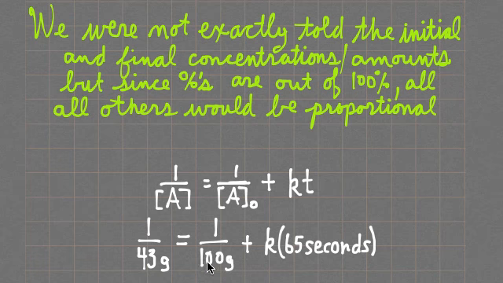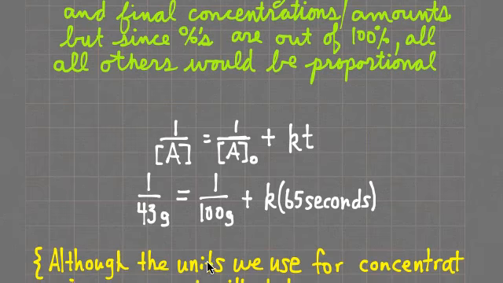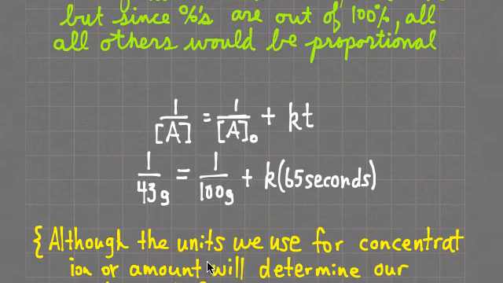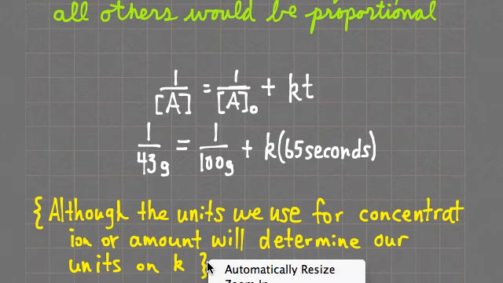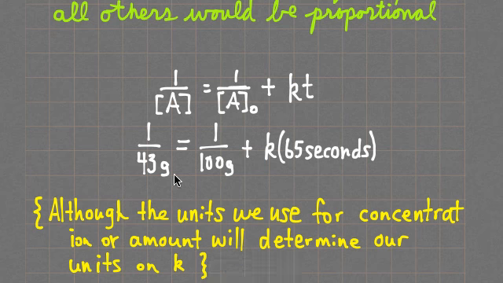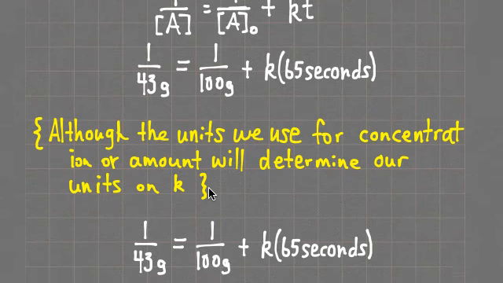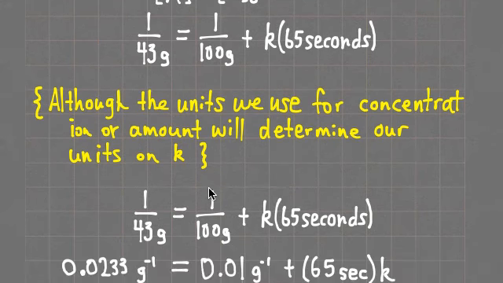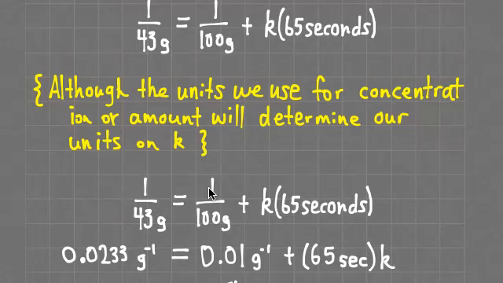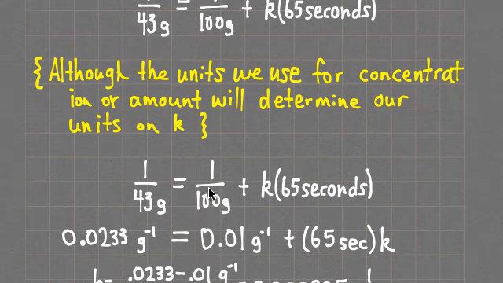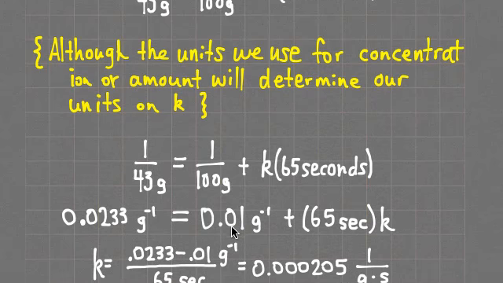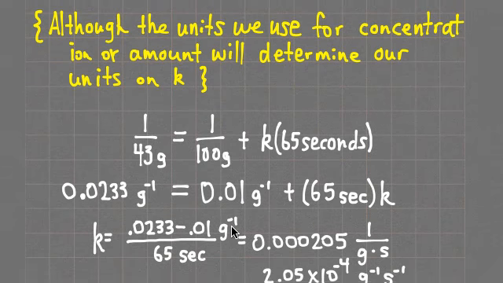You could use other descriptions of that concentration, and that constant would change a little bit according to what you chose to use for your concentrations or amounts. But in any case, going with the grams, keeping careful track of my units, reciprocal of 1 over 43, reciprocal of 1 over 100, the time is 65 seconds.